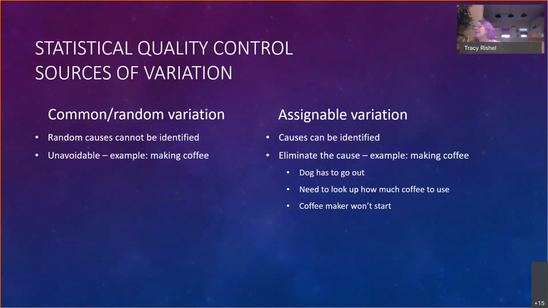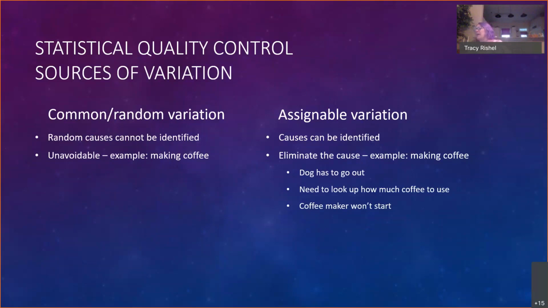How can we eliminate the cause? Maybe we take the dog out before we start making coffee. Maybe we need to look up how much coffee to use because we're new at making coffee, or we've changed brands, or something different has happened. If we're new at making it, or we have a new coffee maker, we may have to train ourselves on how to make coffee, so it may take us longer.